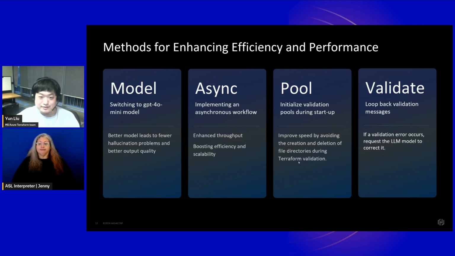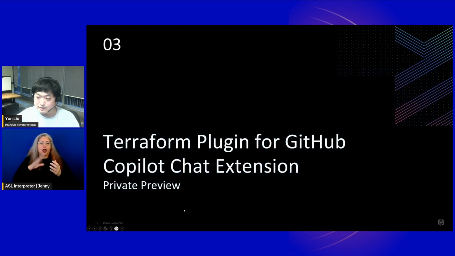Okay, that's the first part, and I'm going to introduce the second part, which is the plugin for the GitHub Copilot Chat extension. After we launched this Portal experience, we had internal users review it and asked, hey, what's your feedback? Some of the users told us that in the Portal there's just a very small code block and it's difficult to read and difficult to edit.